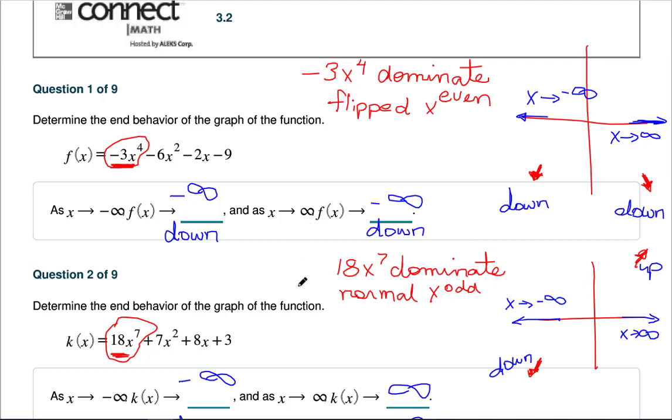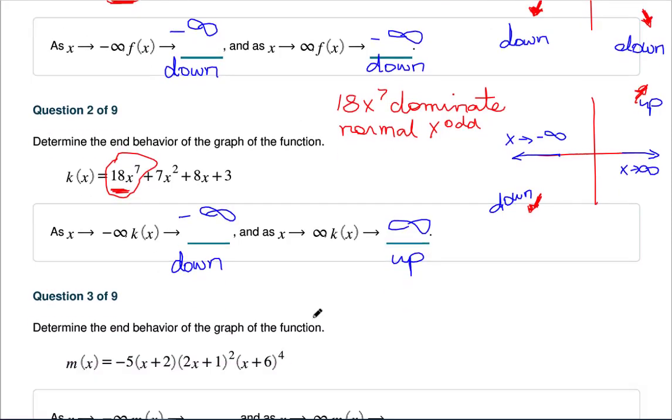If you look at question 2 here, we have 18x to the 7th and some more terms. So the dominant part of this is 18x to the 7th. The lead coefficient is positive, so it's normal looking.